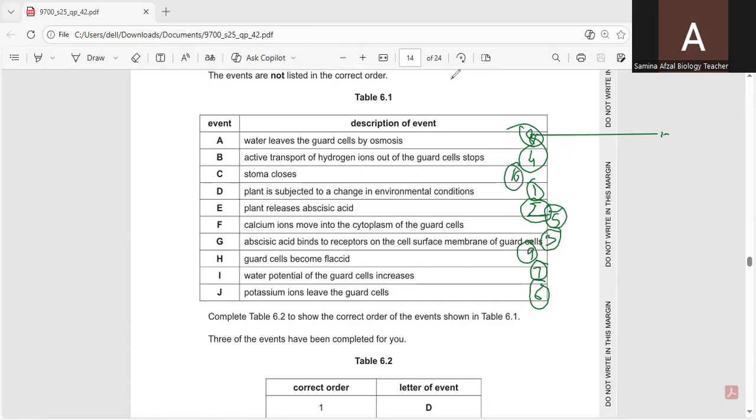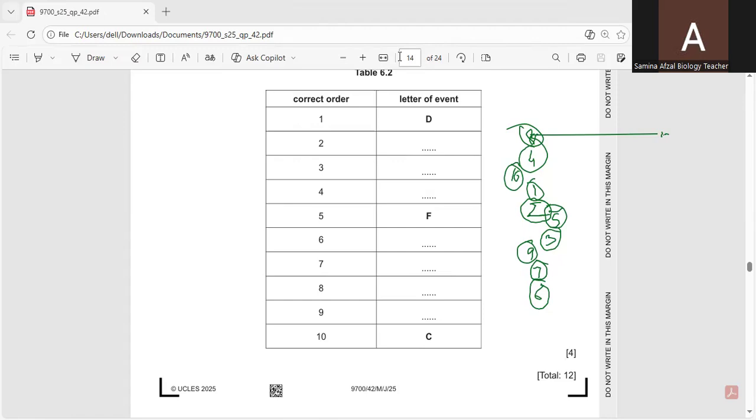So these are the letters which we have to write over here: D, E, G, E, J, I, A, H and C. So I have described all in this way.